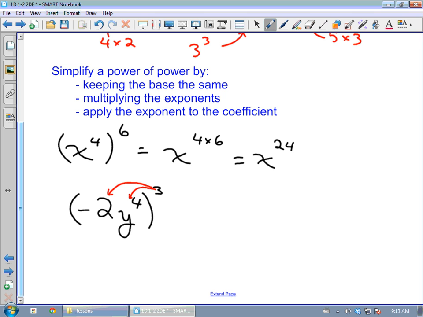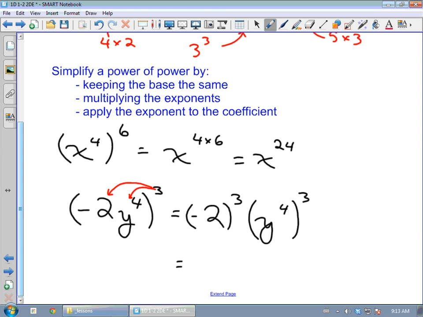So we can think of this as negative 2 to the power of 3 and y to the 4 to the power of 3. Let's do y to the power of 4 to the power of 3 first.